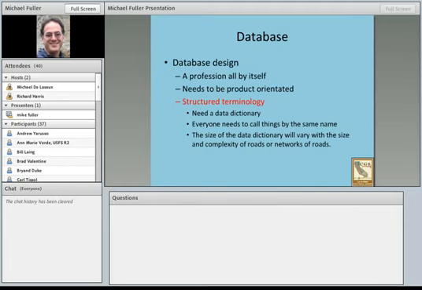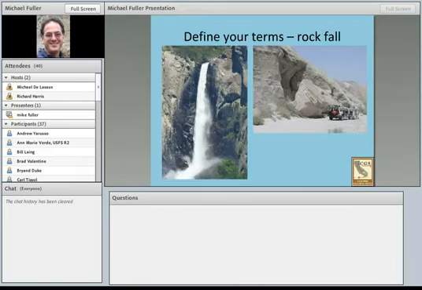The volume of data can be considerable for even a short road, let alone an entire transportation system. Usually a well-designed database is needed. We don't have time to discuss those details in this presentation, except to emphasize the need for unambiguous and structured terminology.